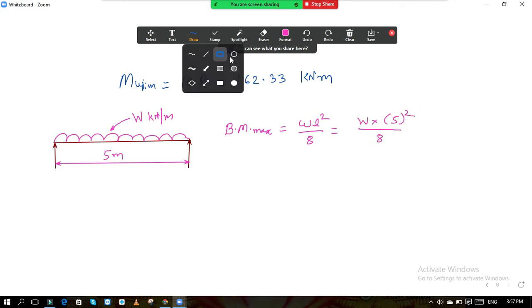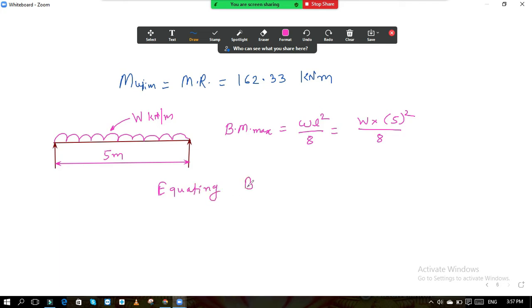Lastly, we will equate our maximum bending moment to moment of resistance, or Mu limiting moment of resistance. Therefore it is 162.33.